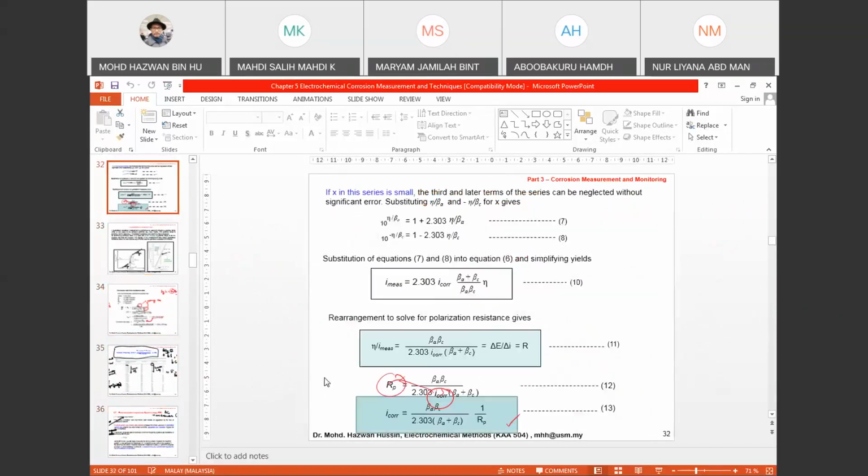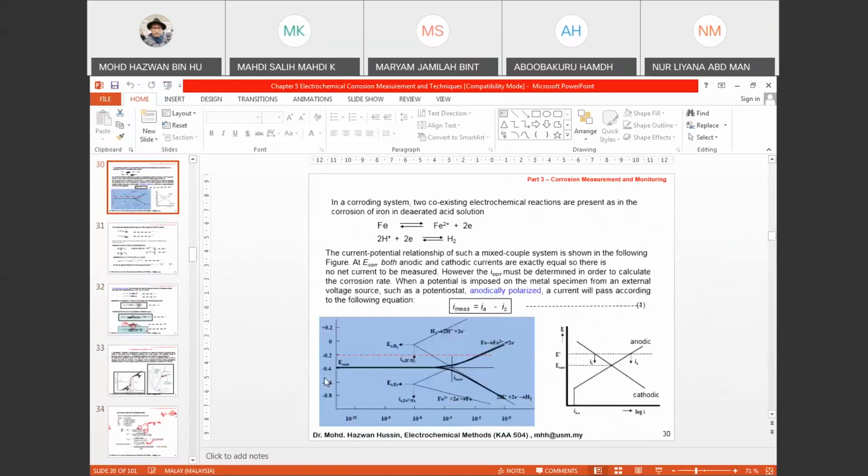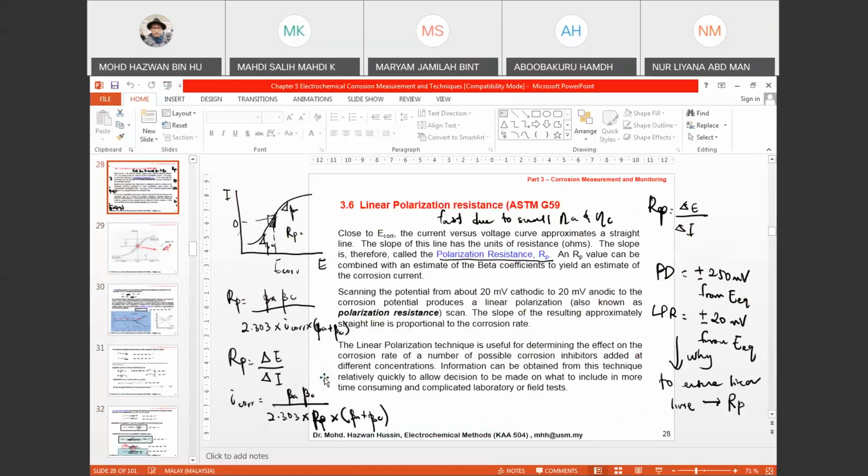It's just a quick recap before we start. What I've told you, the linear polarization method is also known as another method for polarization. The only thing that makes the difference with potentiodynamic polarization is the plot. The plot for potentiodynamic polarization is log current density versus potential.